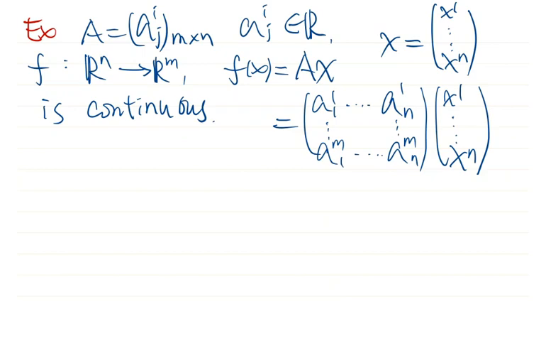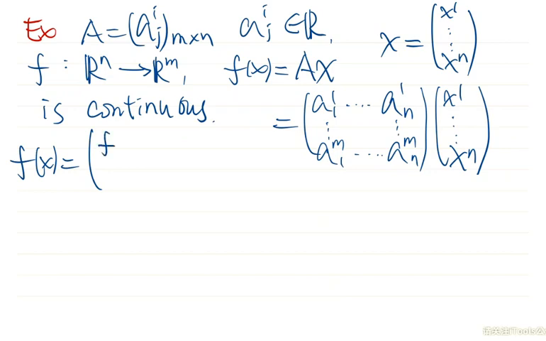But maybe it will be convenient to consider the component functions of f. By matrix multiplication, it will also be convenient to write the components of f(x) in a column vector, f1(x), ..., fm(x).